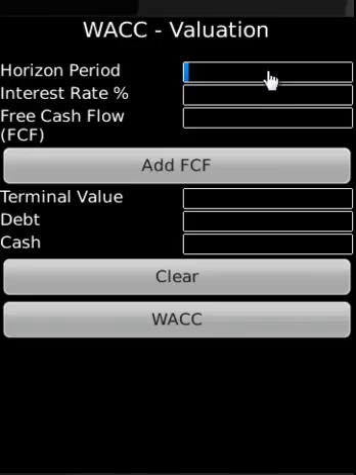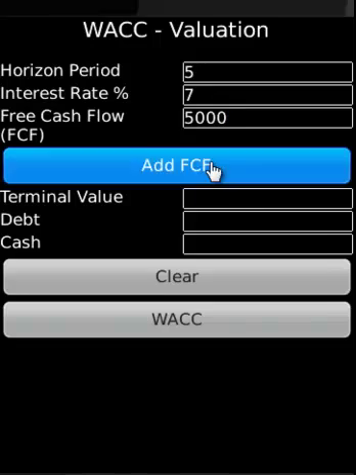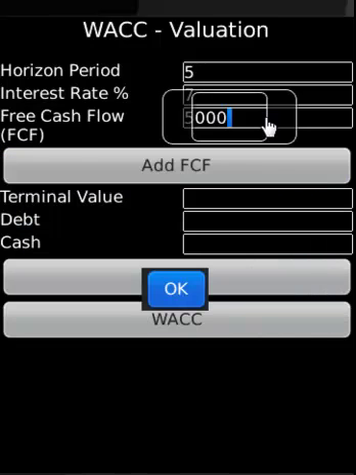The WACC valuation: here we enter the weighted average cost of capital valuation. We enter the horizon period, which is 5 years, and then the interest rate or the discount rate is 7%, free cash flow is 5,000, and we keep adding free cash flows.